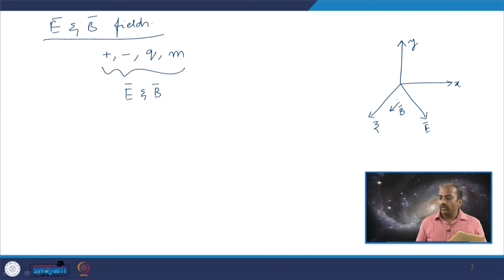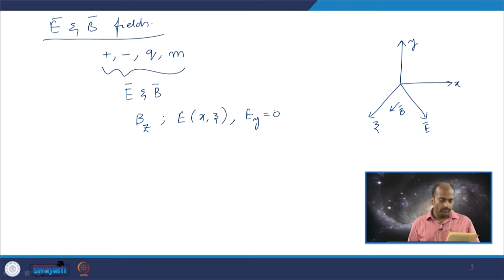When the electric field is present only in the x-z plane, we take B to be Bz and E to exist in the x-z plane. That means the components of the electric field along x and z will be non-zero, and the electric field along the y direction will be 0.